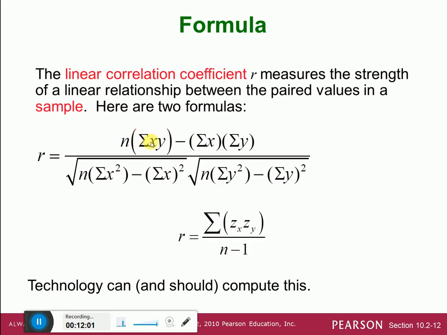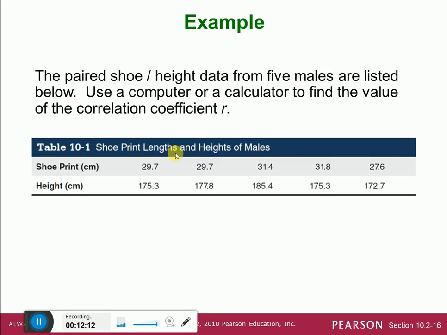We have to do all the sum of x, y, multiply them together, and plug in all of them. So it's really hard to do that by hand. But we have TI-83. Why don't we use that? Let me show you how to use that.